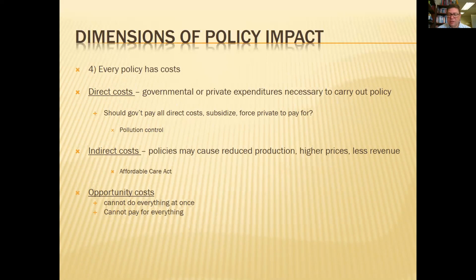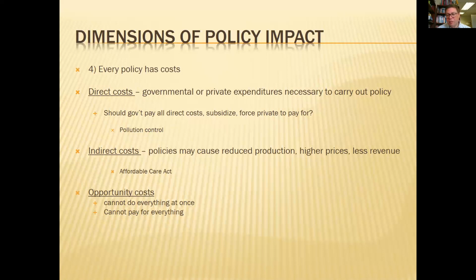And I can tell you that this was a big thing in higher education, because adjunct professors were limited in the amount of courses that they could teach at specific universities because the universities didn't want to offer them health care. So indirect costs are things that you didn't expect to have happen, or you may have expected, but just allowed to happen anyway.